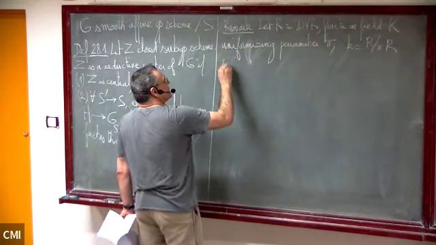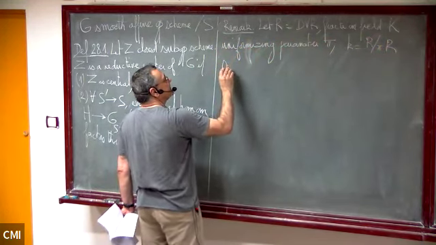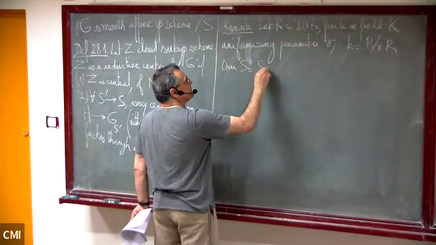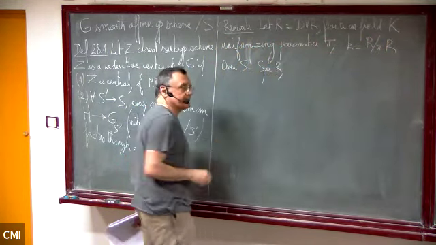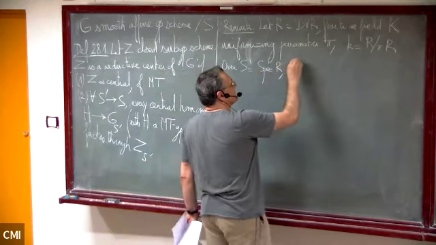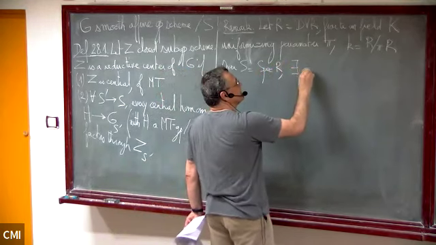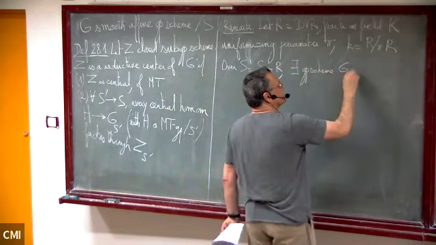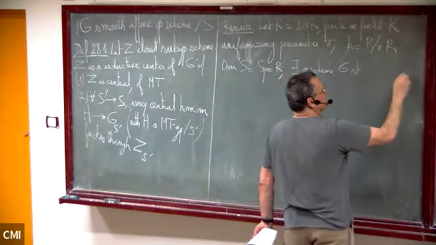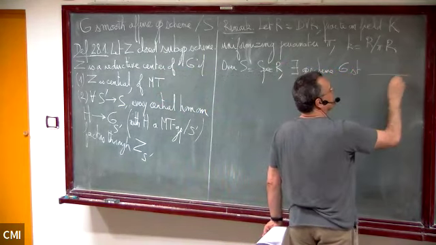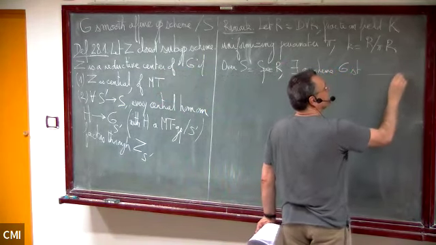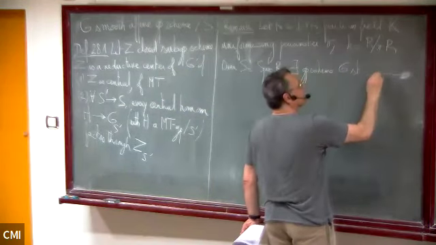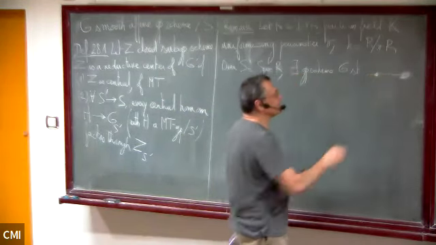Then one knows that over the spectrum of our discrete valuation ring, there exists a group scheme G such that, if I picture S as, so we have the generic point and the closed point.